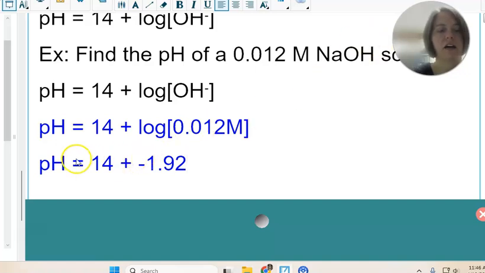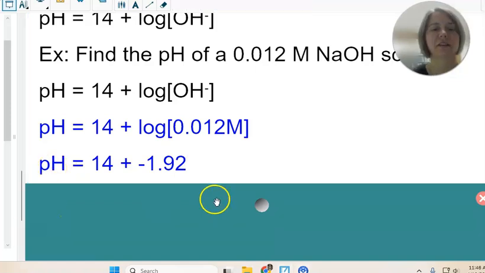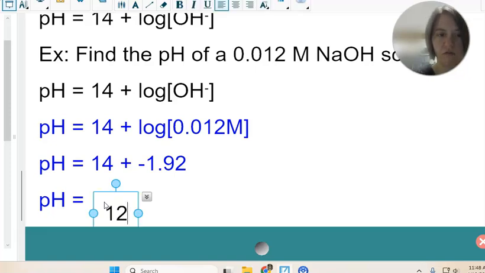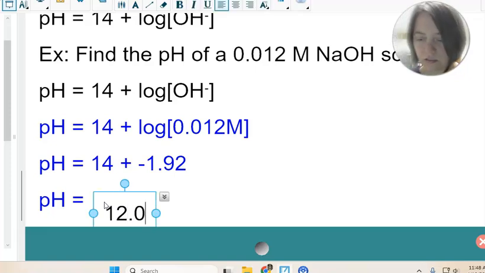And then I want you to find the answer of the pH. So you should find that the pH would be 14 minus 1.92, so 12.08, and we get 2 sig figs. So that would be 12.1.